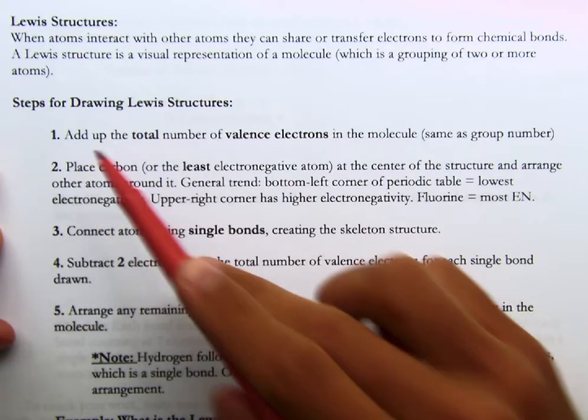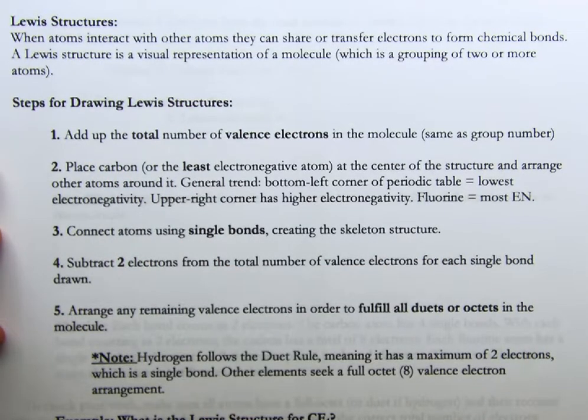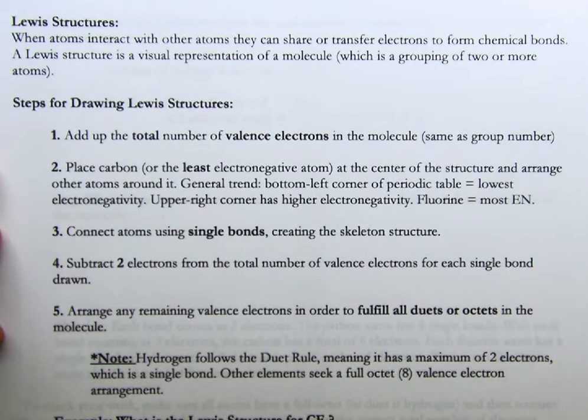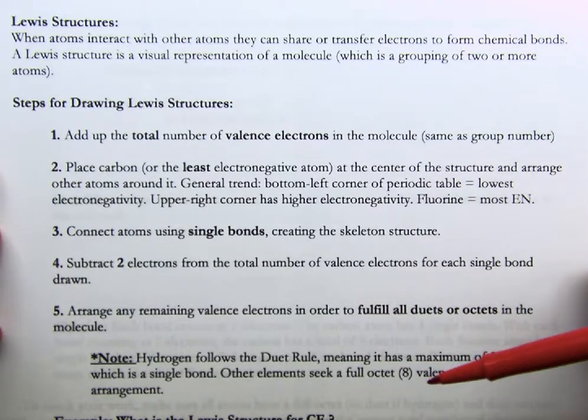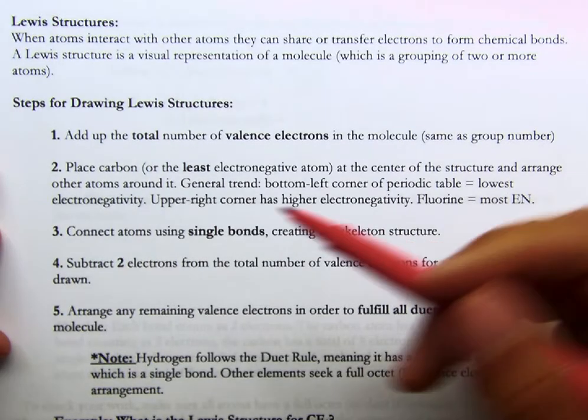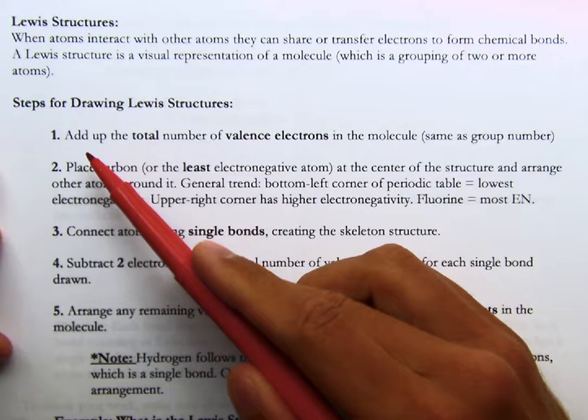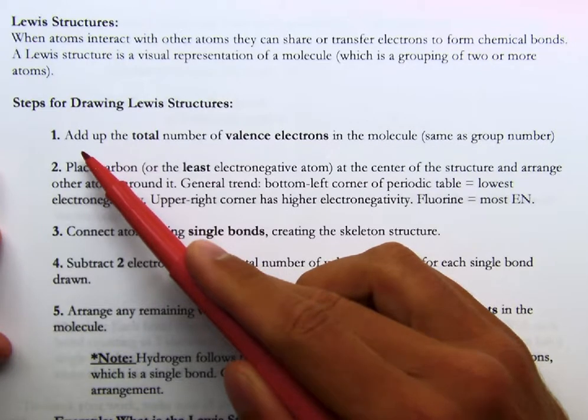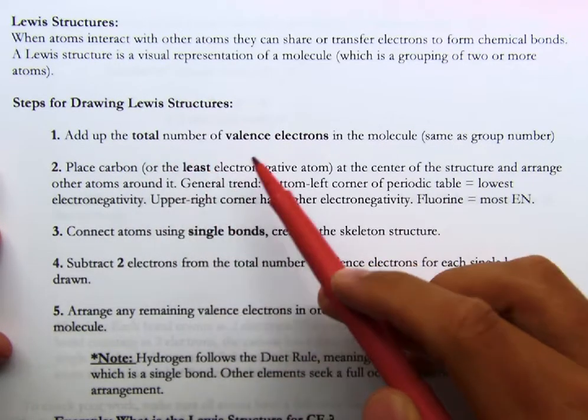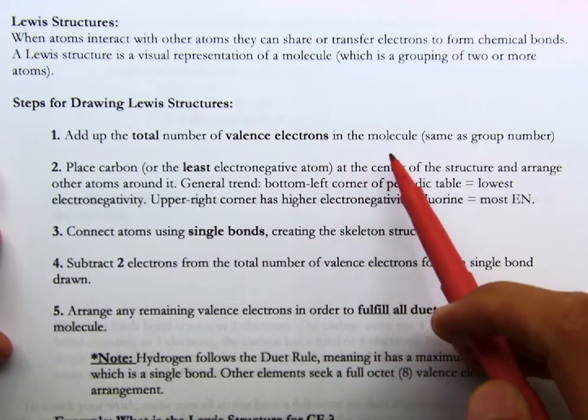So these are the steps, and we're going to read through them, and then doing example problems is really the best practice, or the best way to learn this. Steps for drawing a Lewis structure. Step 1. Add up the total number of valence electrons in the molecule.